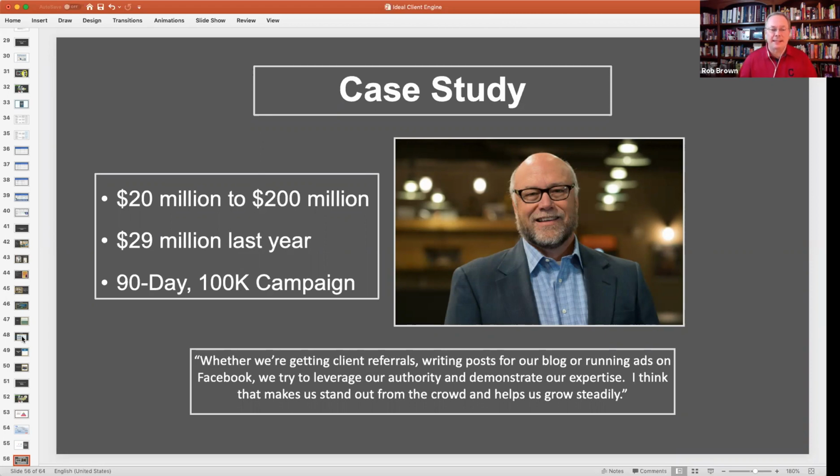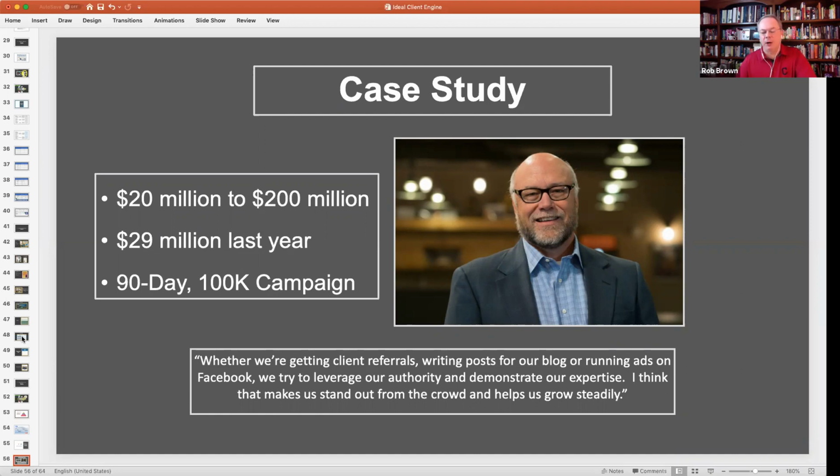And the key to his success, bringing in that 29 million, growing from 20 million to 200 million, finding that $10 million relationship that his partner just landed, is making sure that he is focused on activities that make the most sense for his business. So he told me, whether we're getting client referrals, writing posts for our blog, or doing videos for our blog too, or running ads on Facebook, we try to leverage our authority and demonstrate our expertise.